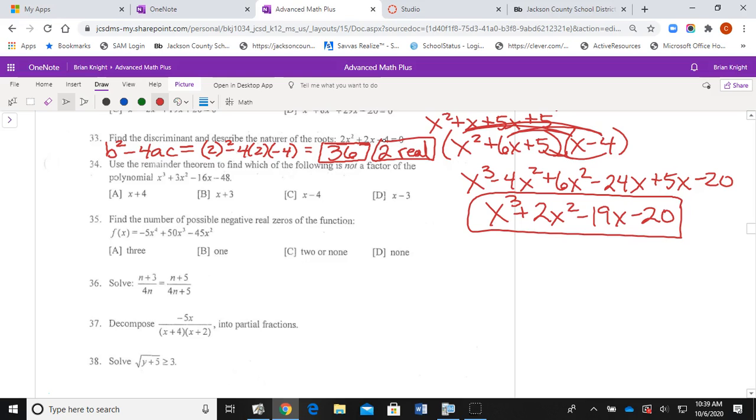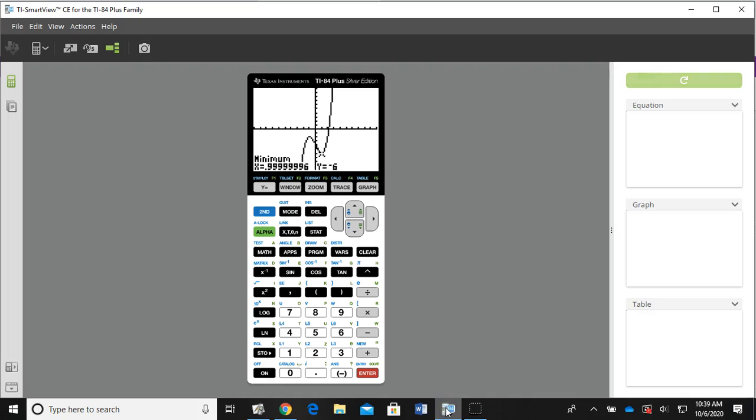Okay. 34. Again, which one of these is not a factor? The quick and easy way is to graph it. Okay, so to save time, I'm just going to graph. Go to my calculator, make sure I put in the right equation, because you know I've been known to put in the wrong one from time to time.